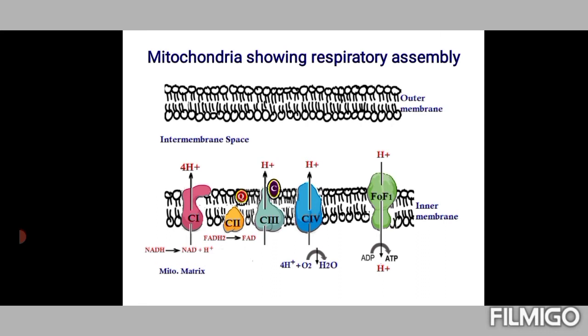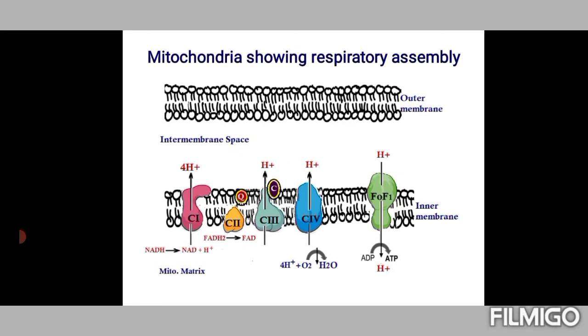The term used is pumping of protons from the mitochondrial matrix to the intermembrane space. This is a very significant process because it tends to accumulate H+ ions in the intermembrane space, and we can see in coming slides what is the significance of accumulating H+ here.